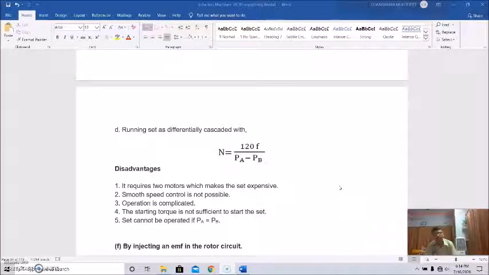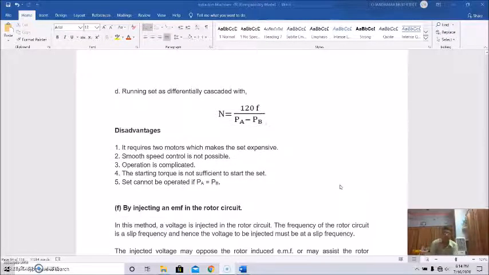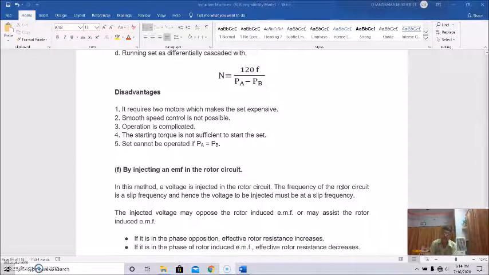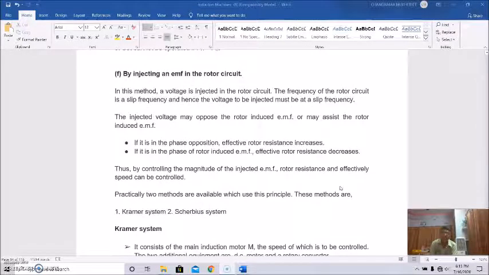So this is the type of speed control we have discussed. In the next class we'll discuss speed control by injecting an EMF in the rotor circuit.